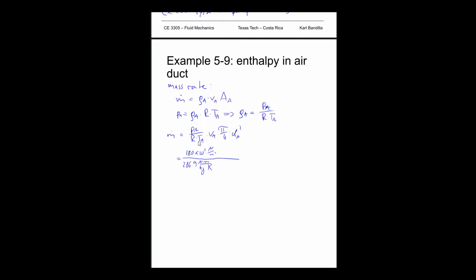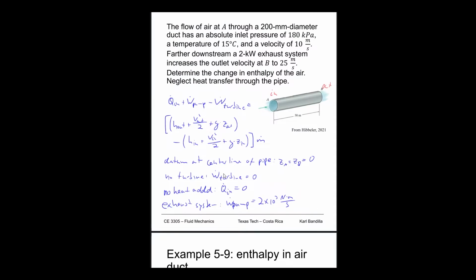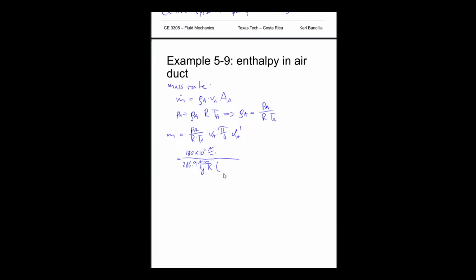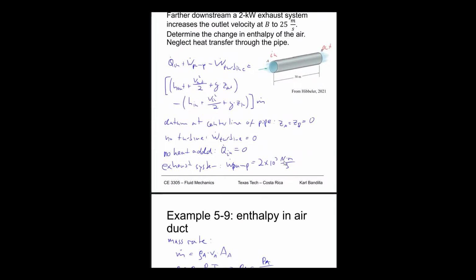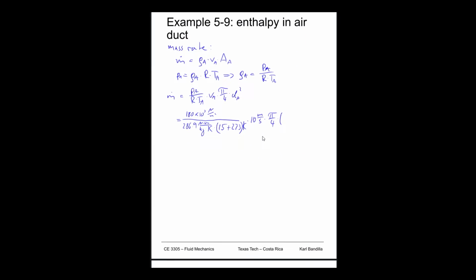And then that would be our R. Our T would be, let's see, 15 degrees, and we have to add 273, so it'll be 15 plus 273. Result is going to be Kelvin. We're given the velocity at 10 meters per second, and then our area, so pi over 4 times the diameter of the pipe, which is 200 millimeters, so 0.2 meter squared.